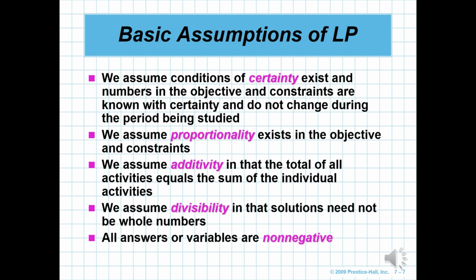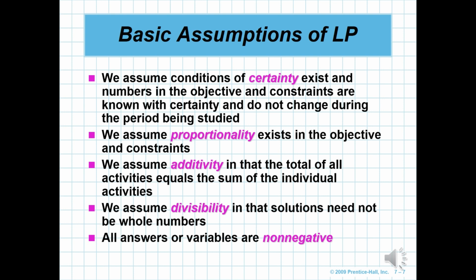So the values of the variables must be known and not change over time. This we call a deterministic model. We assume proportionality exists in the objective and constraints.